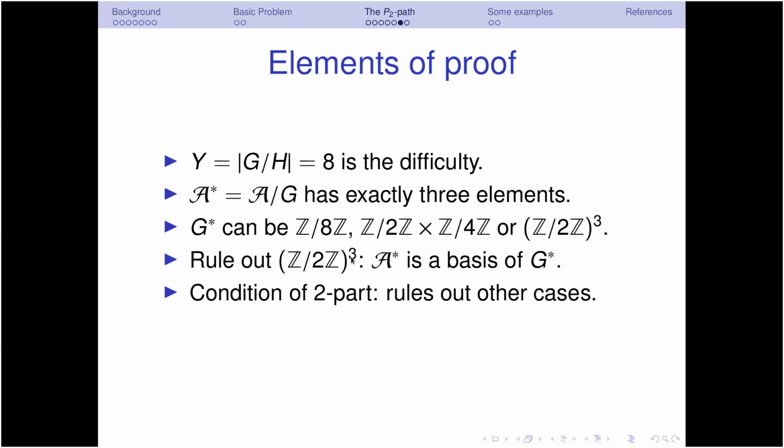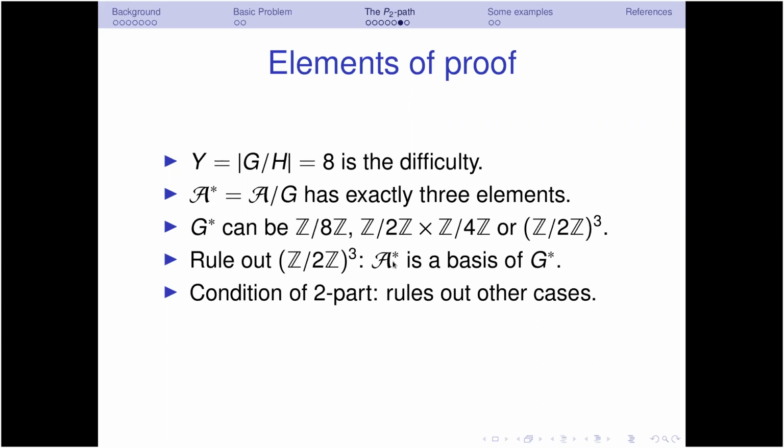But A star is going to be a basis of G star, which happens to be a vector space. Because it is a basis, there's an element which is the sum of 3 elements of A star and not of 2. So it's not possible because we've assumed that A star plus 2A star is equal to G star. So this case doesn't happen, and A star is bigger, and we are happy.